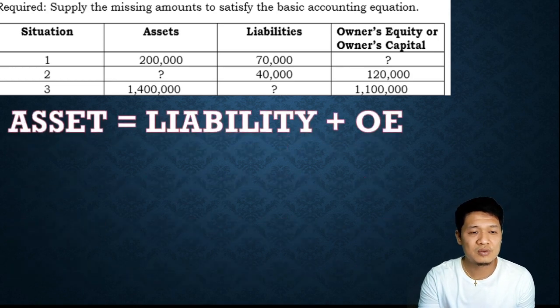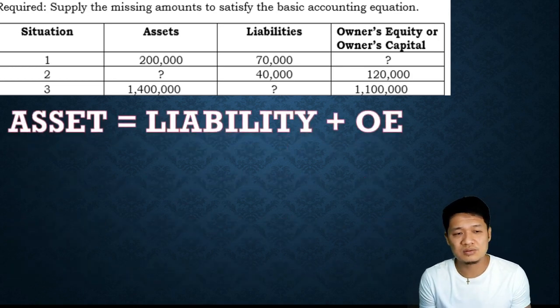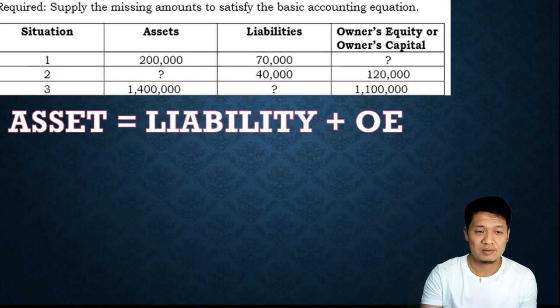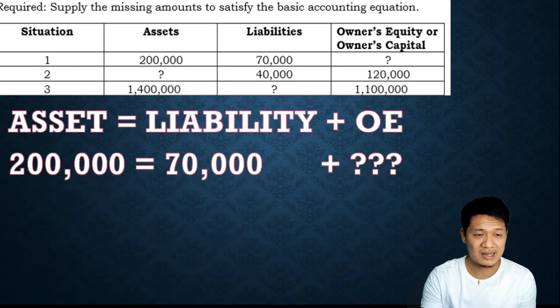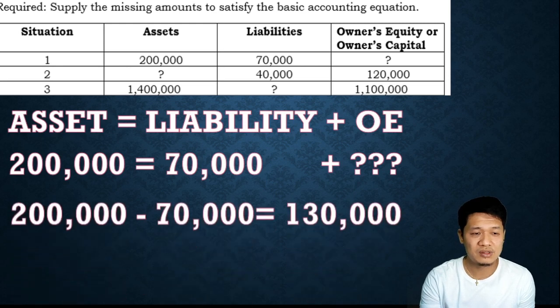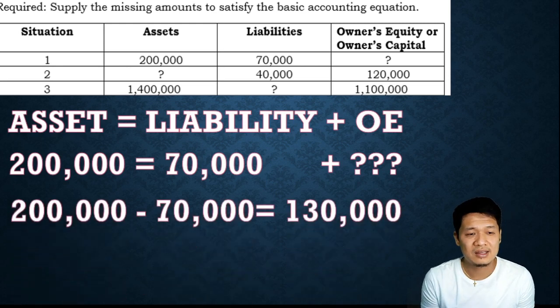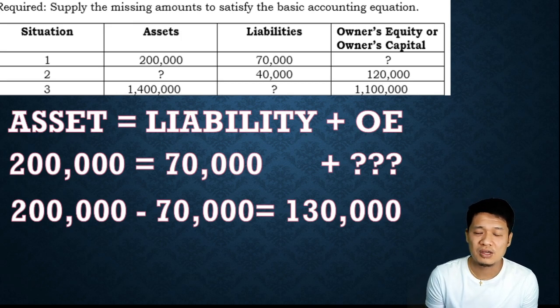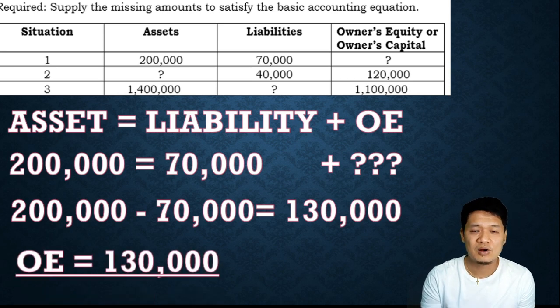Applying the accounting equation, asset is equal to liability plus owner's equity. To solve for the owner's equity, we simply deduct the liability from the amount of the asset. So 200,000 less 70,000, we have 130,000 and that is the amount of our owner's equity.